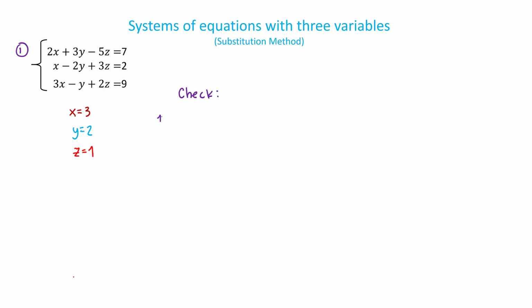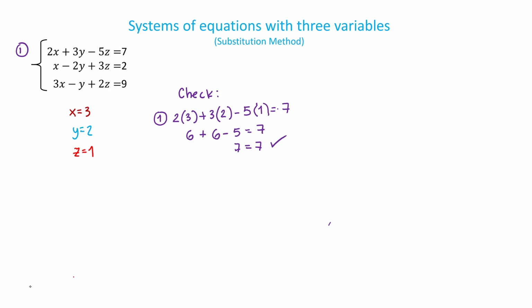Let's start by checking in the first equation. 2 times x, that's 3, plus 3 times y, which is 2, minus 5 times z, which is 1, equals 7. 2 times 3 is 6, plus 3 times 2 is 6, minus 5 times 1 is minus 5, equals 7. 6 plus 6 is 12, and 12 minus 5 is 7. So since 7 equals 7, we are correct.